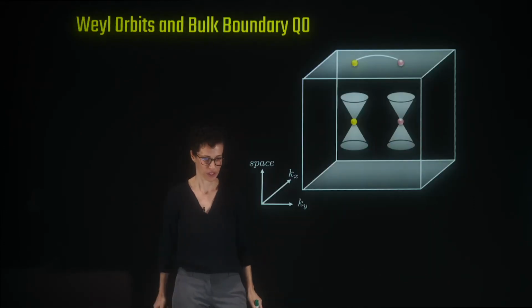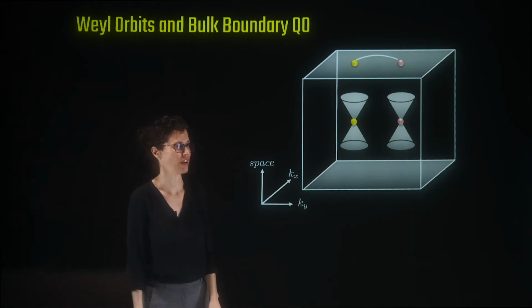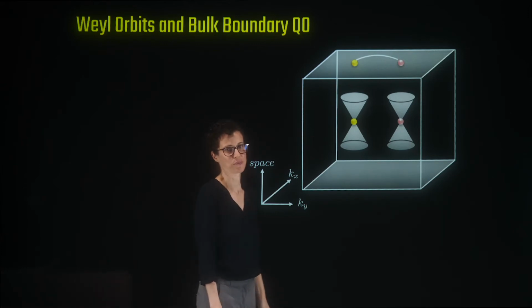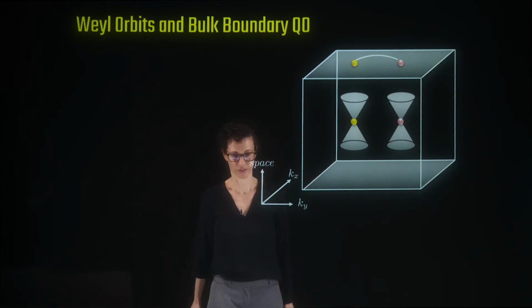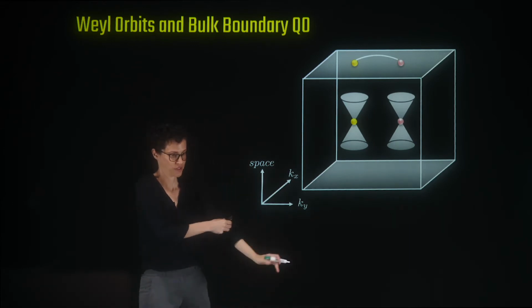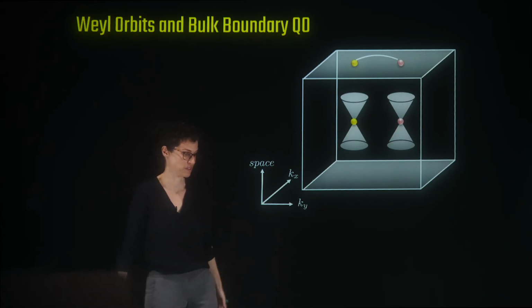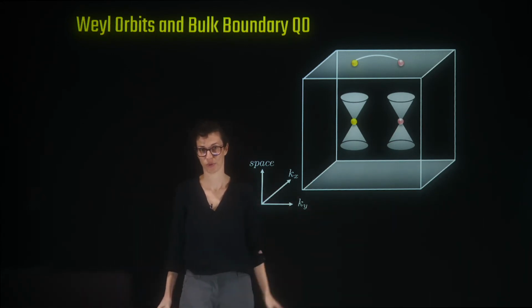Okay, so now finally I want to discuss another unique property of Weyl semimetals that you can observe in experiment. You could also observe potentially the chiral anomaly in an experiment, because that gives a contribution to the current, and the contributions to the current are manifested in transport properties.